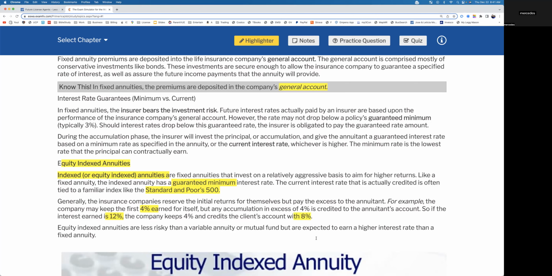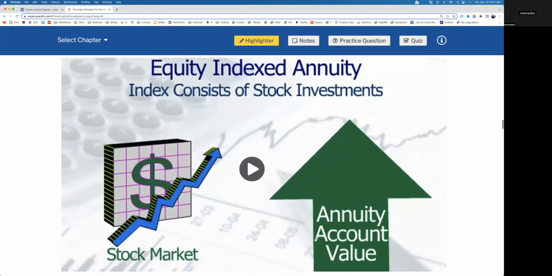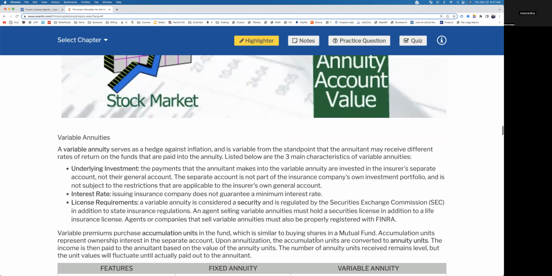You see what I mean? But what if the S&P 500 goes negative? Then it stays at the guaranteed minimum, 4%. Got it? So it protects it.